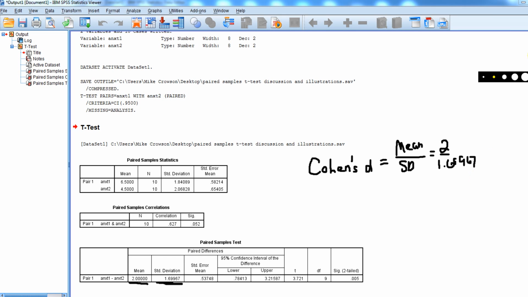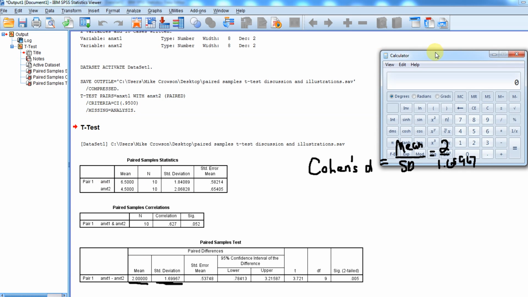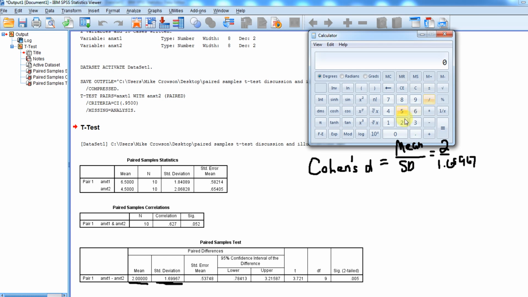All right, so we just pull out our handy dandy calculator. We could do this in Excel; it wouldn't take any time. But we would just say 2 divided by 1.69967, and that gives us a d value of roughly 1.177.